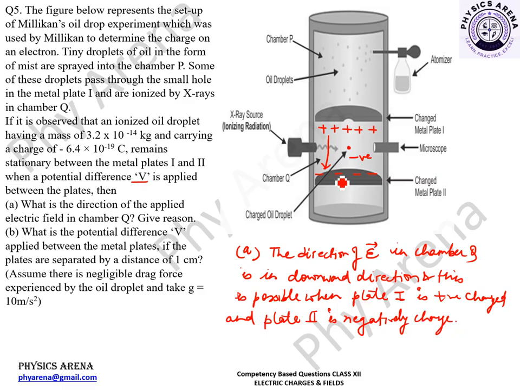Also, we know that a charged particle, if it is positively charged, moves in the direction of the electric field. But if it is negatively charged, then it will move in a direction opposite to that of the electric field. So the force on this charged particle will be in the upward direction due to the electric field. So that's the answer for part A.